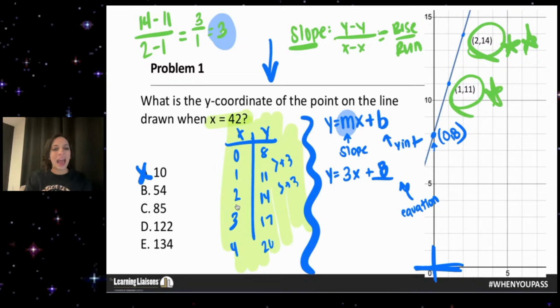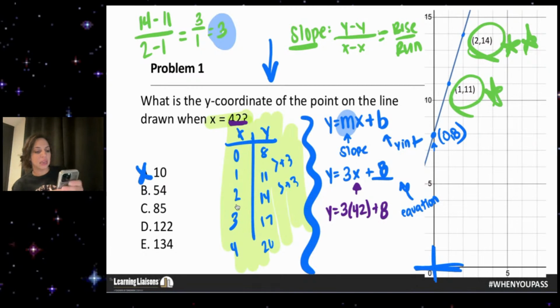So now I can take the value 42, plug 42 in for x, and it's going to spit out a y value to me. So y equals 3 times 42 plus 8.